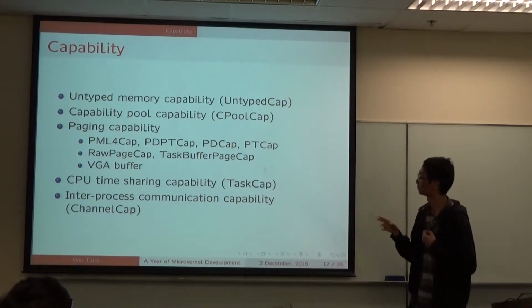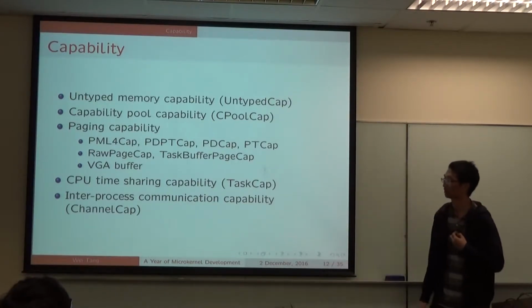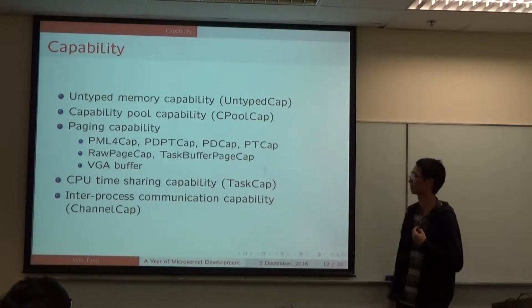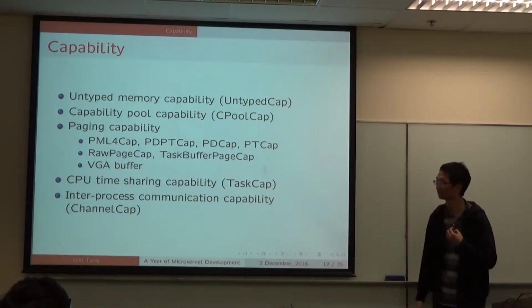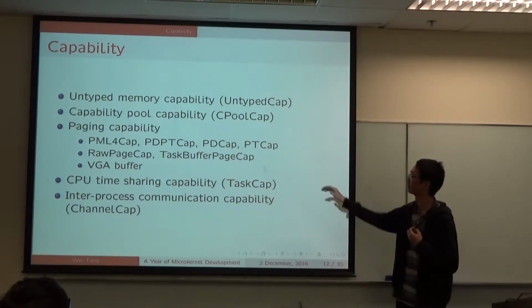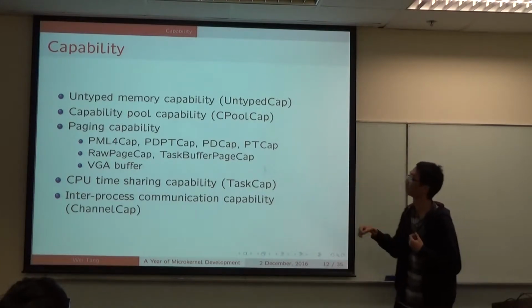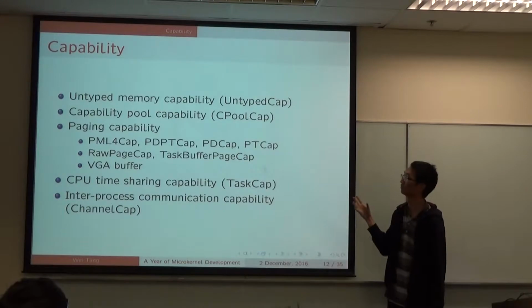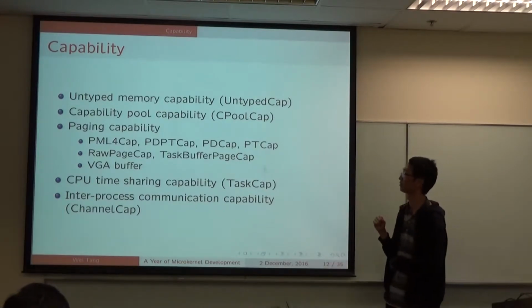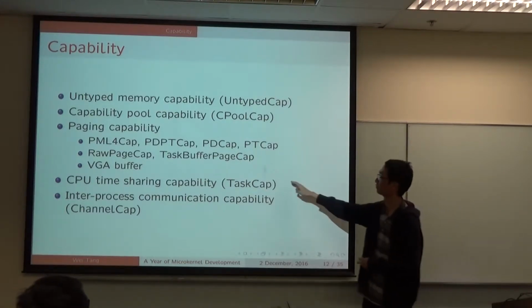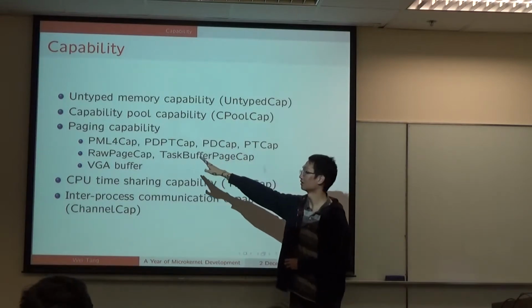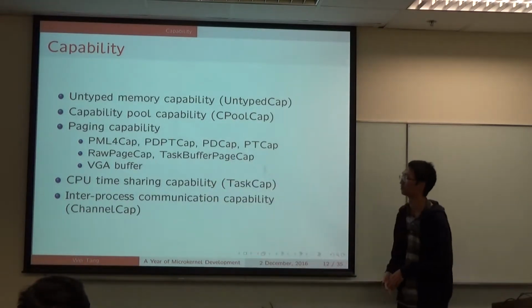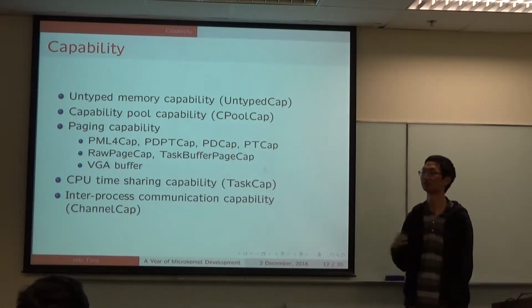For CPU time sharing, we have the task cap, where each task cap creates a new process. They contain a reference to our capability pool, so it can have a cspace for addressing different capabilities, and also something related to paging capability, so it can switch to different pages.